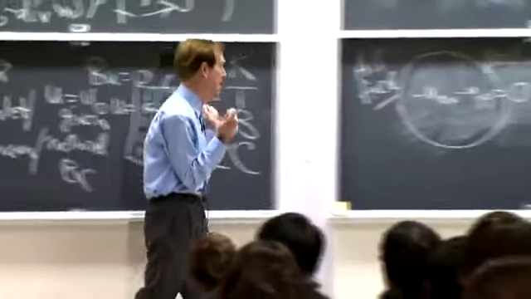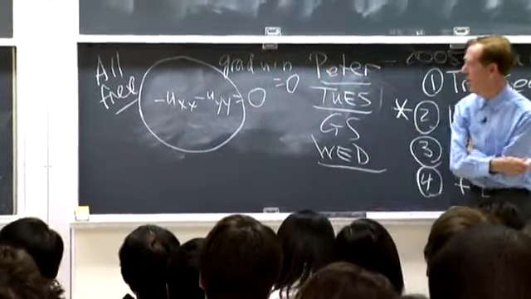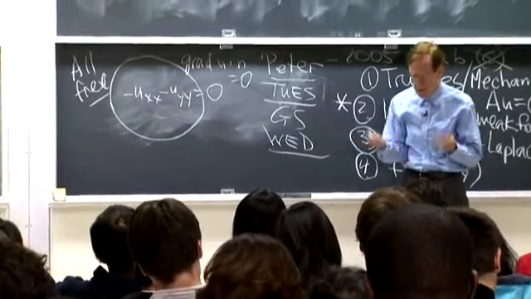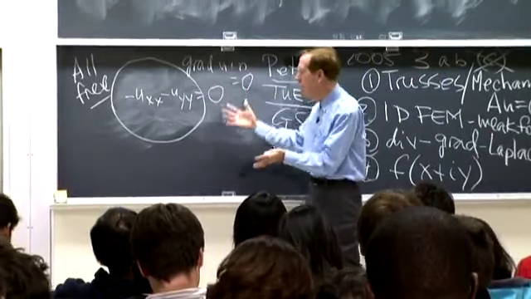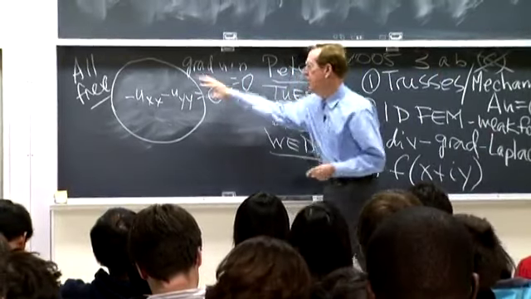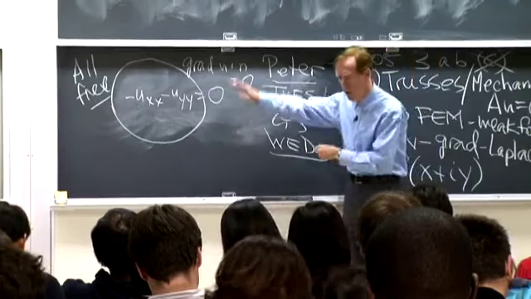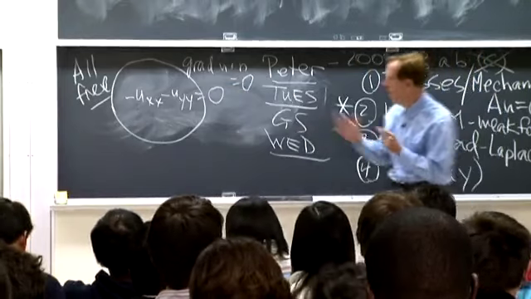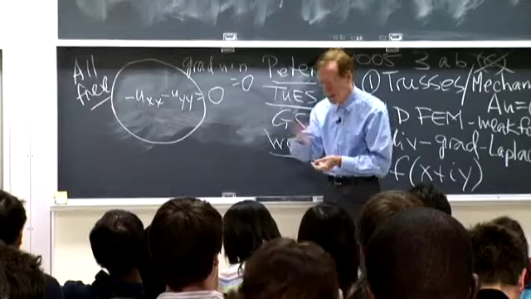Now, I just want you to tell me the same thing over here. That equation does not have a unique solution, so it's a singular problem. Here's the equation, something u equals 0, but you can tell me solutions to that pure Neumann problem that are not 0. So this is a problem where there's a null space.